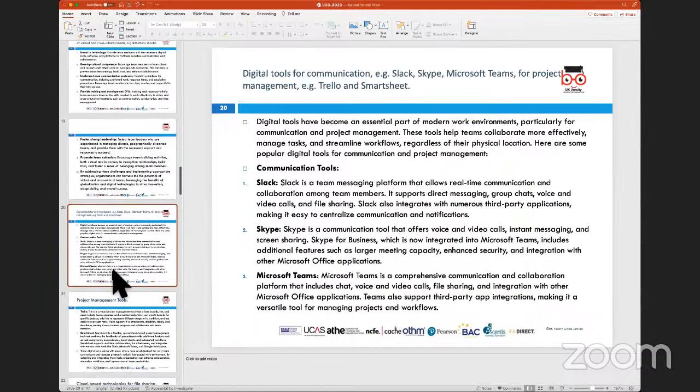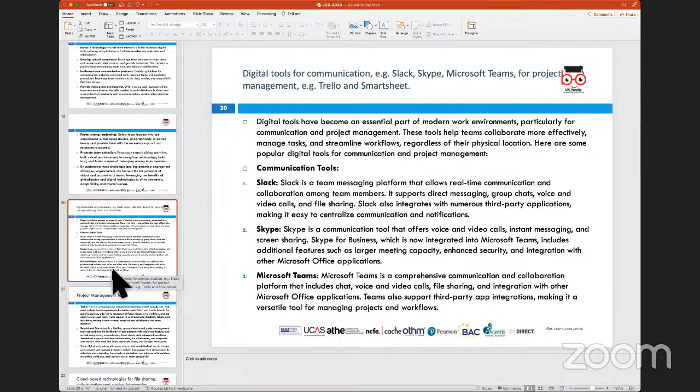Yes, sir. Now, what are the tools which will help us in doing this collaborative work in terms of overcoming some of the challenges when we have people dispersed in different locations? So technology comes to our rescue. And when we talk about technology, one of the aspects that we get to see put into practice is different types of tools which help us do communication and management of certain activities.